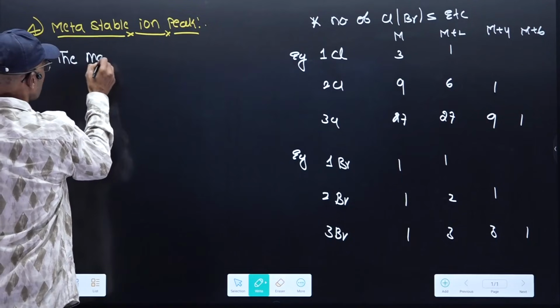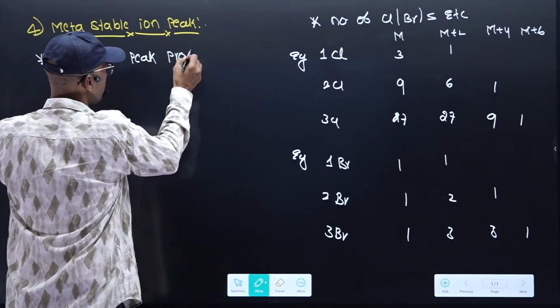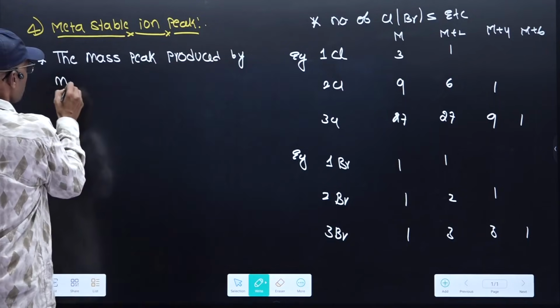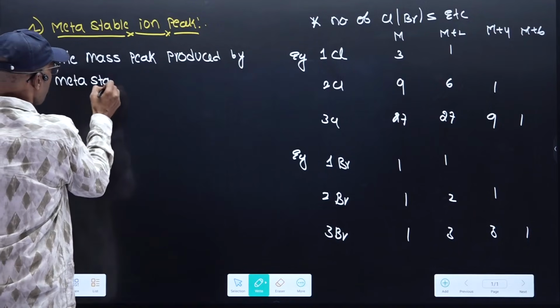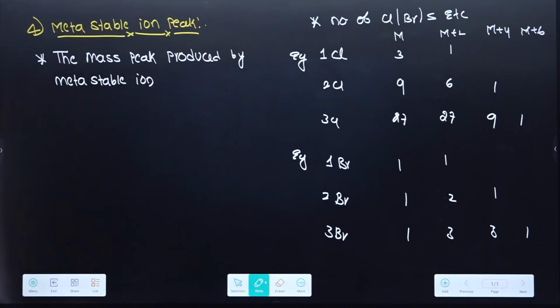So I can say that the mass peak produced by metastable ion. Where is this metastable ion produced? It is produced in the mass analyzer.